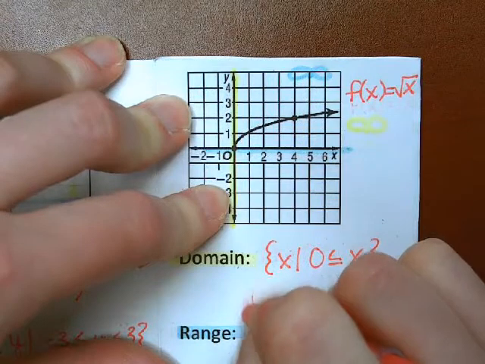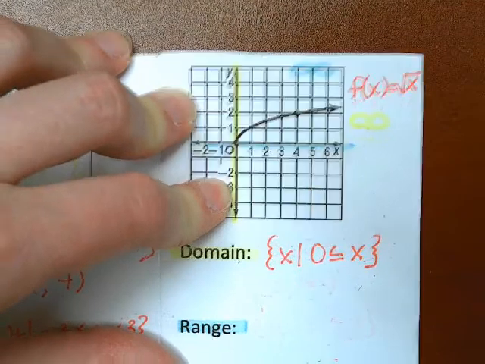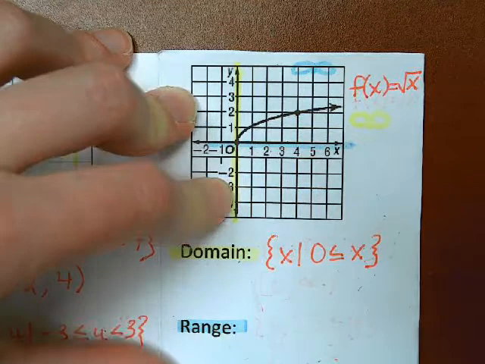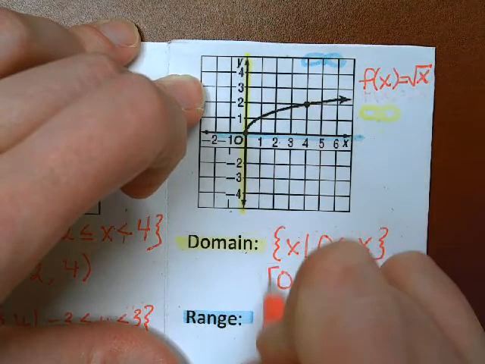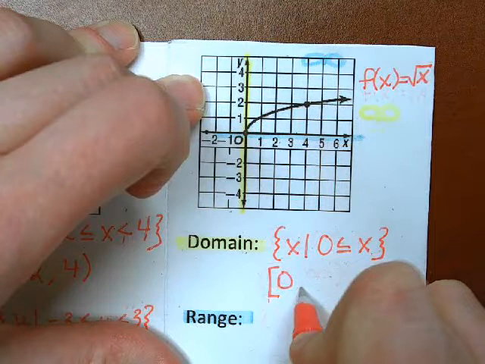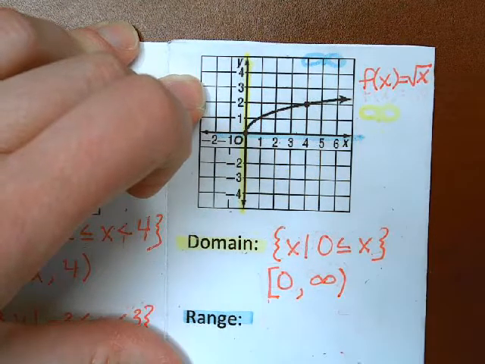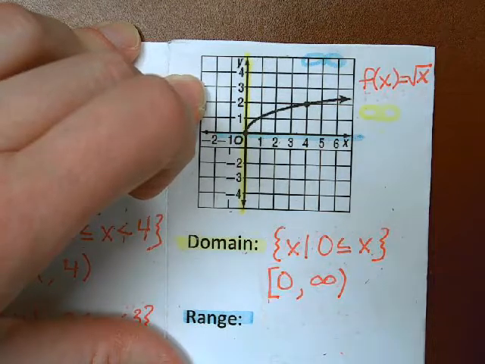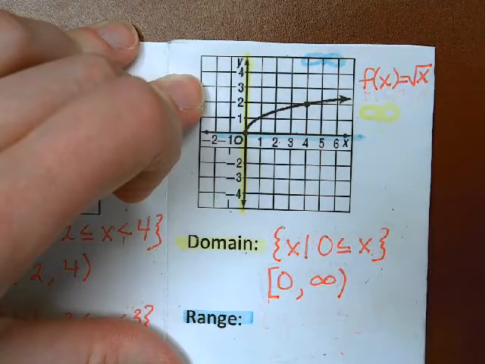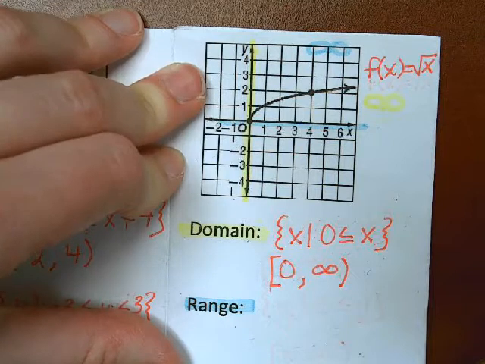So we use infinity in set notation because we need a placeholder. Otherwise it looks like a lonely number that doesn't make sense. So in set notation it is 0 with a bracket, comma, infinity with parentheses. Always have parentheses on infinity. Infinity always goes with parentheses.